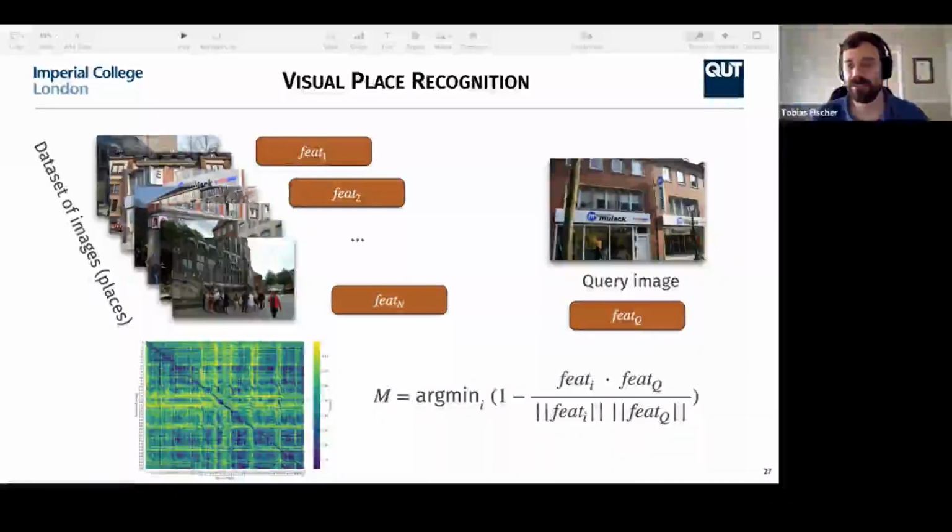And then if that's below a certain threshold, then you know that you've visited this place before. So there's a difference matrix in the bottom left, where each entry of the matrix is the difference between the reference image and a query image.